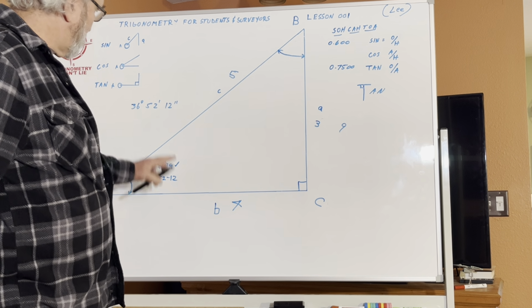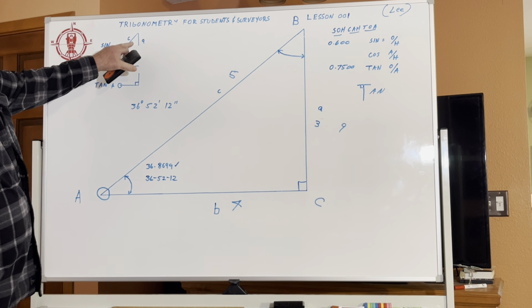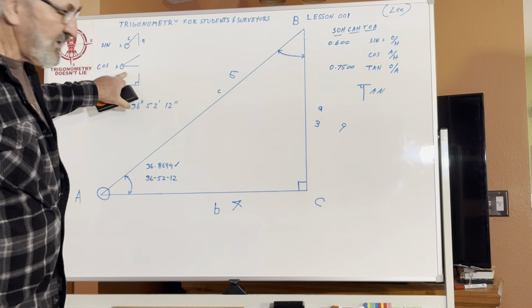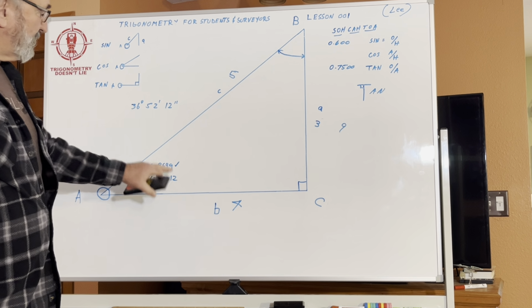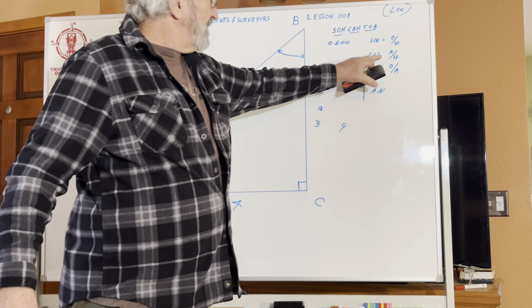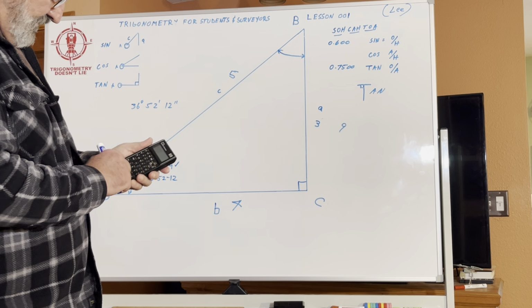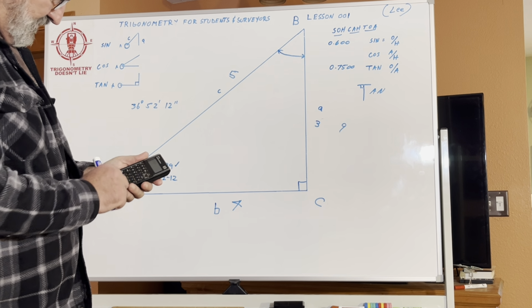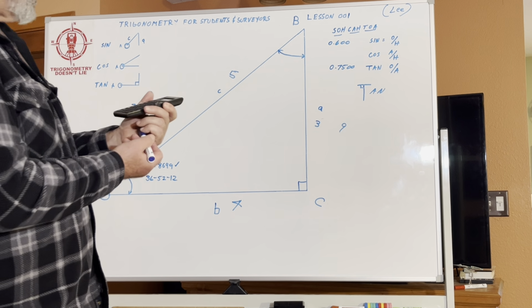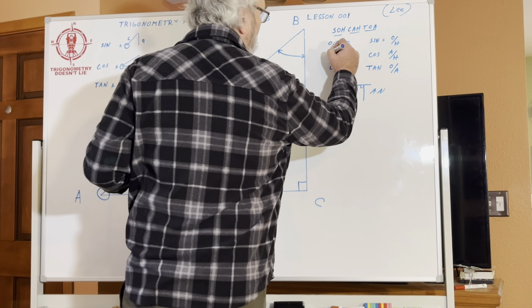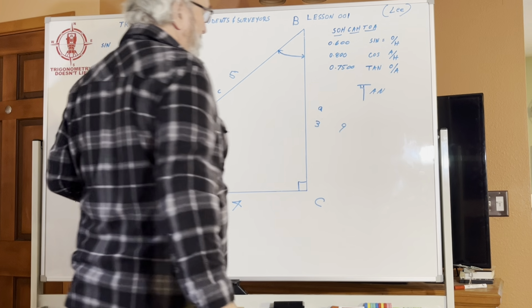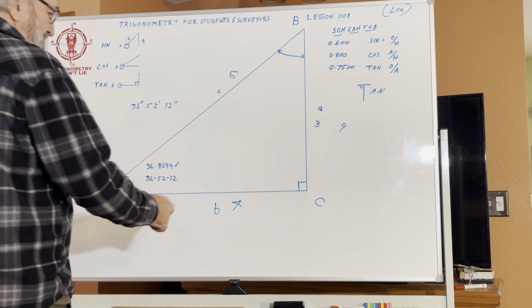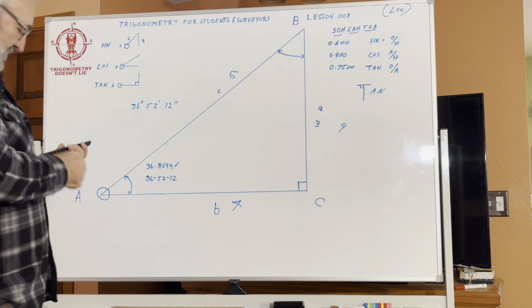Now we have the cosine. Last time we did the sine. Now we're doing the cosine right there, adjacent over the hypotenuse. 4 over 5. So 4, 5, divide, and we have 0.80. That's the ratio. So this line is 0.8 as long as that line, or side.